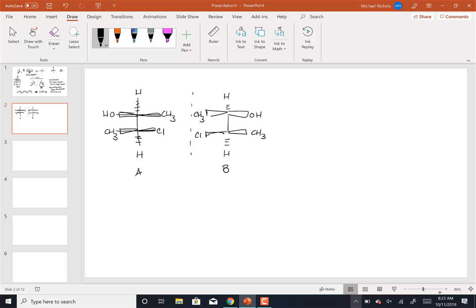Well, if I rotate it 180 degrees, these bold wedges now become dashed wedges, so when I slide it over here, I'm trying to overlay bold and dashed wedges, and they're not going to match up. So these two are non-superimposable mirror image isomers, which means A and B are enantiomers.